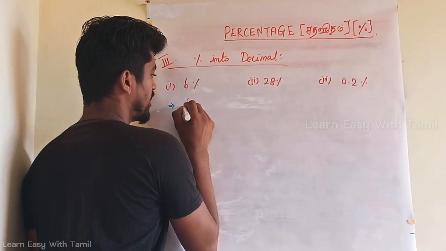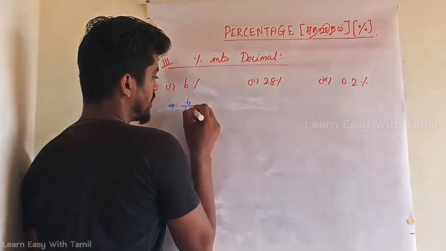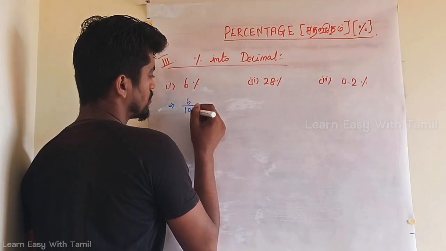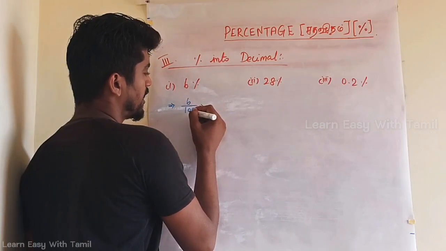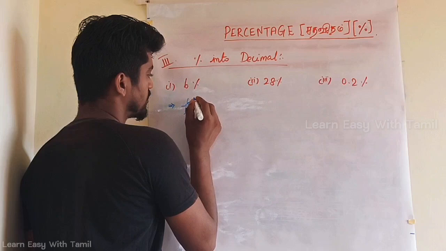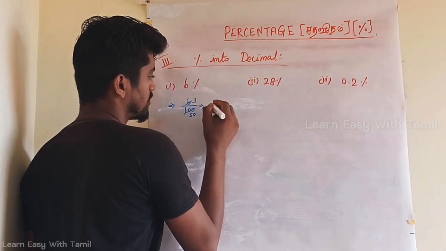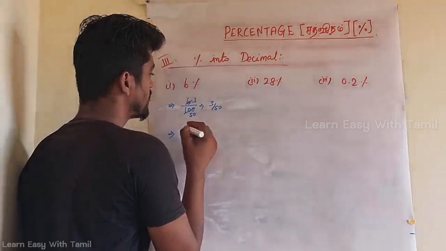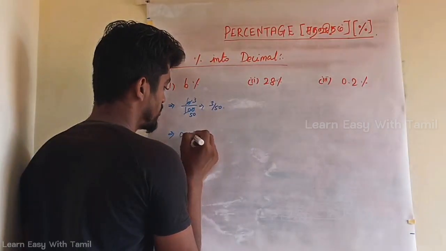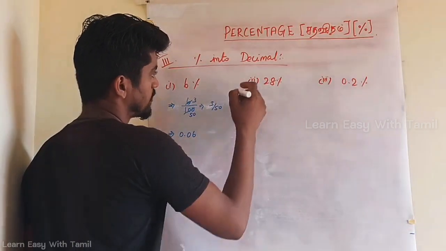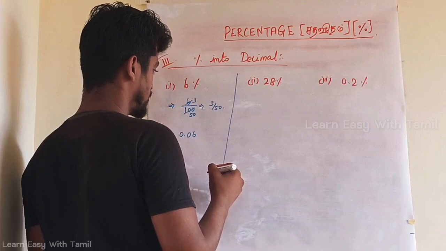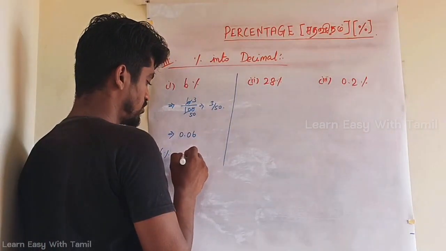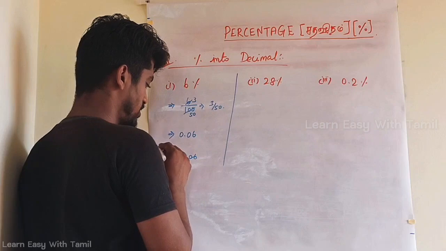So we have to write 6 divided by 100, which also simplifies to 3 divided by 50. In decimal format, 0.06. The 6% is equal to 0.06.